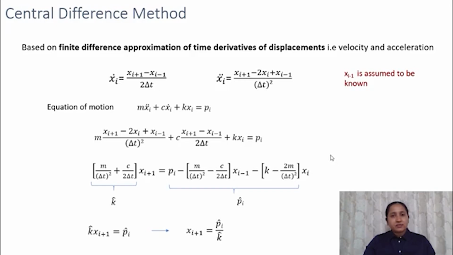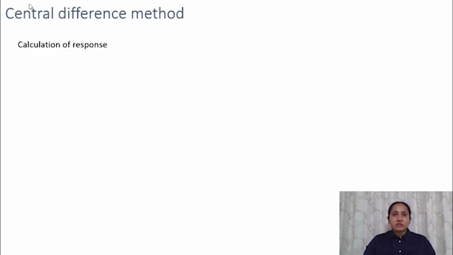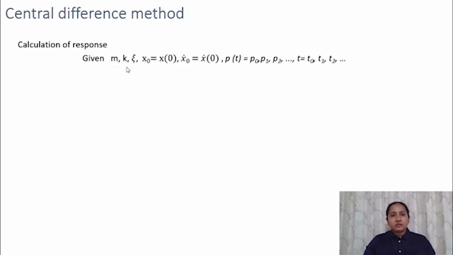So now let's see the steps for calculation of response using the central difference method. Initially, we will know the mass, stiffness and damping of the single degree of freedom system. And we will also know the initial conditions, that is the initial displacement and the initial velocity.